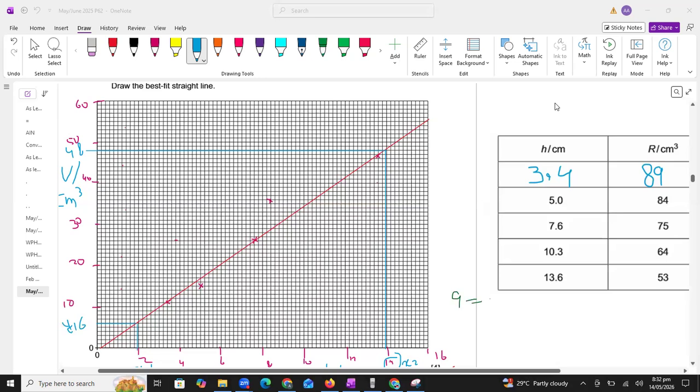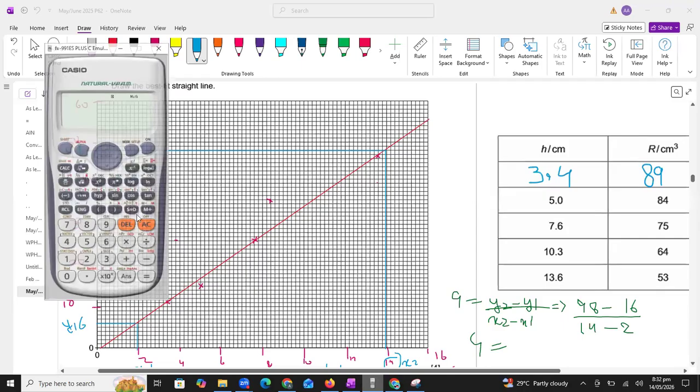So gradient formula is y2 minus y1 divided by x2 minus x1. So y2 value is 48, y1 value is 16, and x2 value is 14. Well done, beta. And x1 value is 2. Now, students, we can easily simplify this and we will get the answer of this gradient.